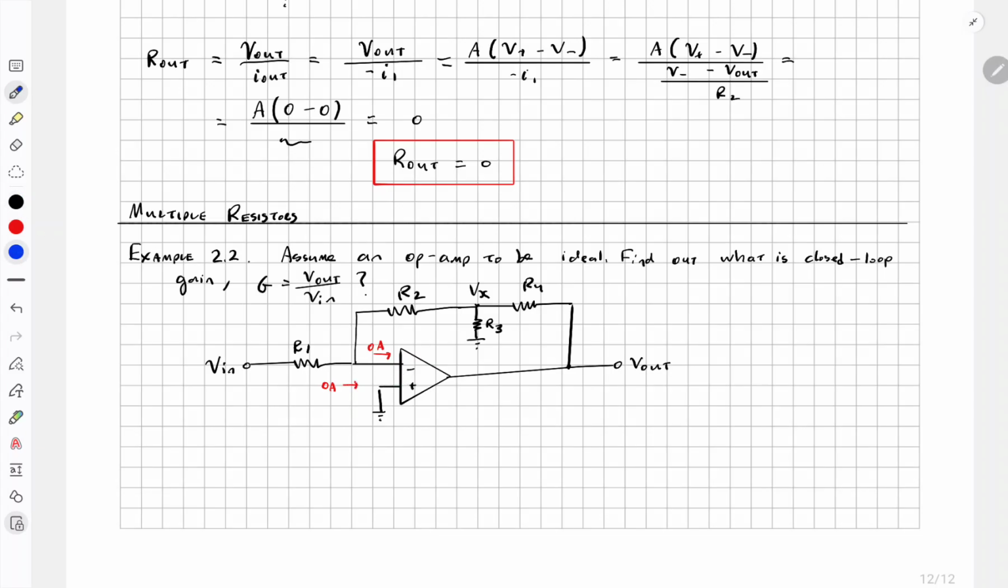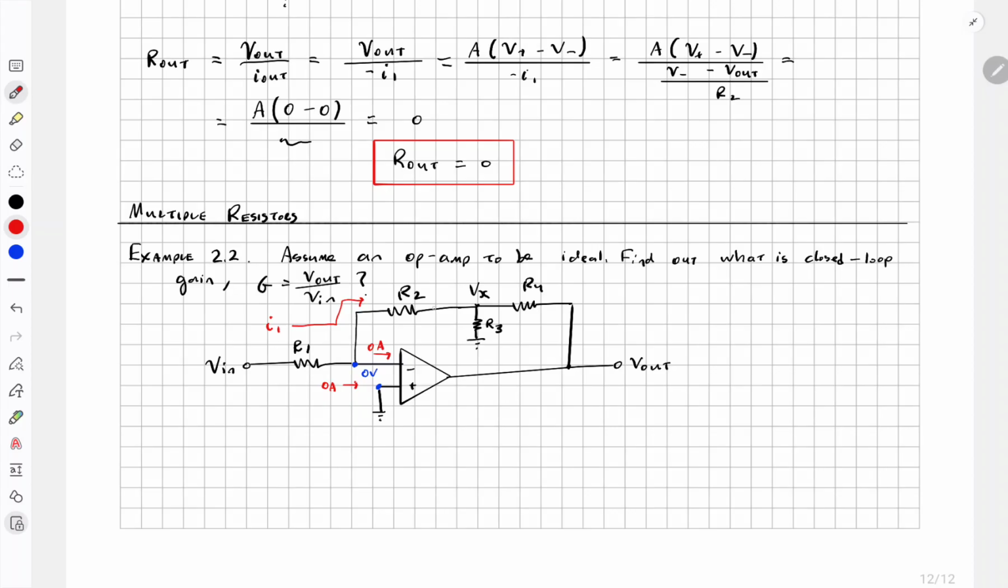The voltage here and voltage here, there's a virtual short circuit. They're both 0 volts because the non-inverting terminal is grounded. Okay, so because there's no current going into the op-amp, we call this I1, and it just goes all the way through this here.